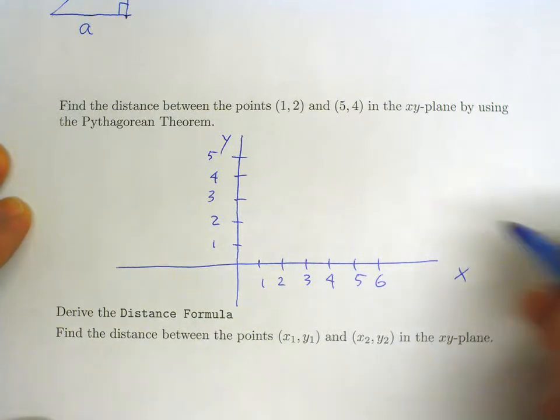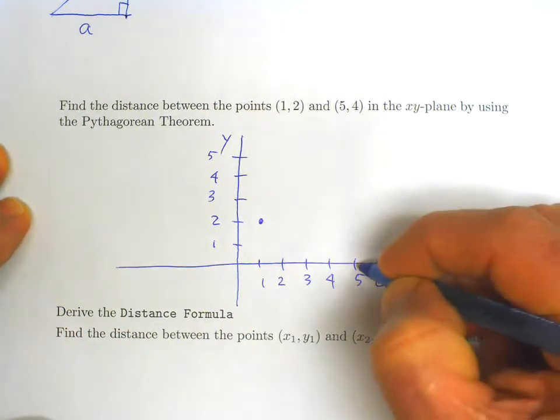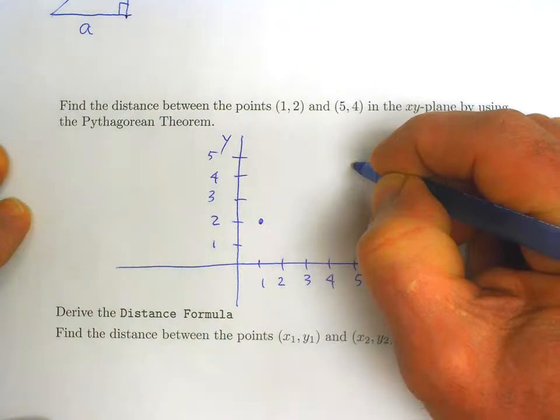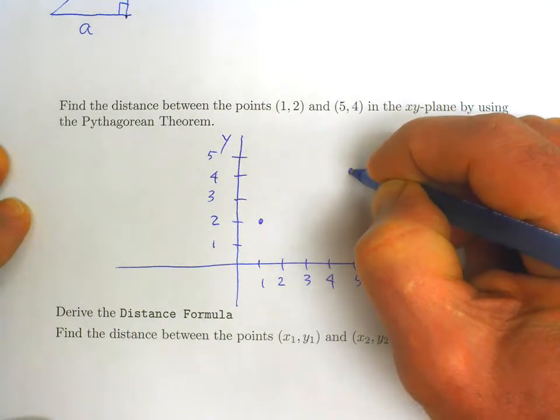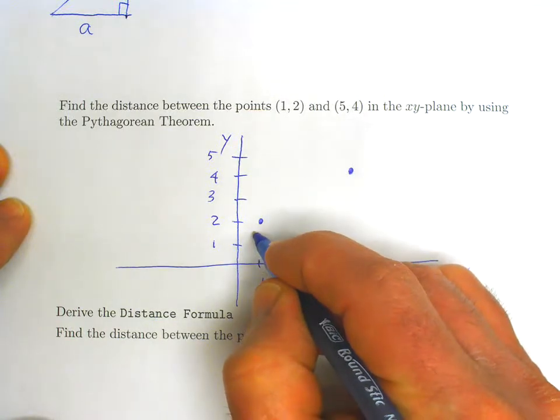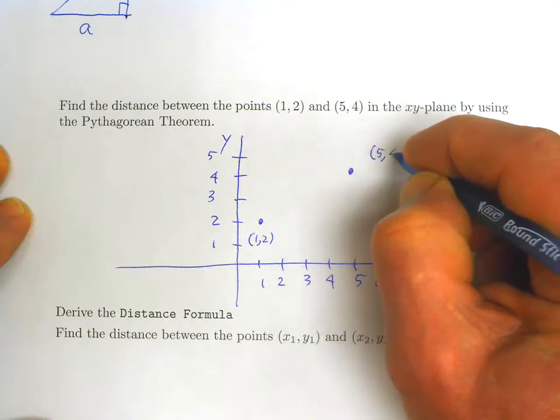Okay, the ordered pair (1, 2), and then the ordered pair (5, 4).